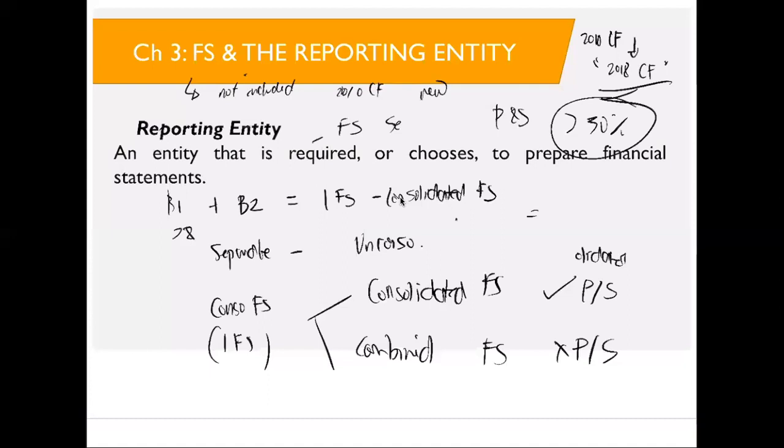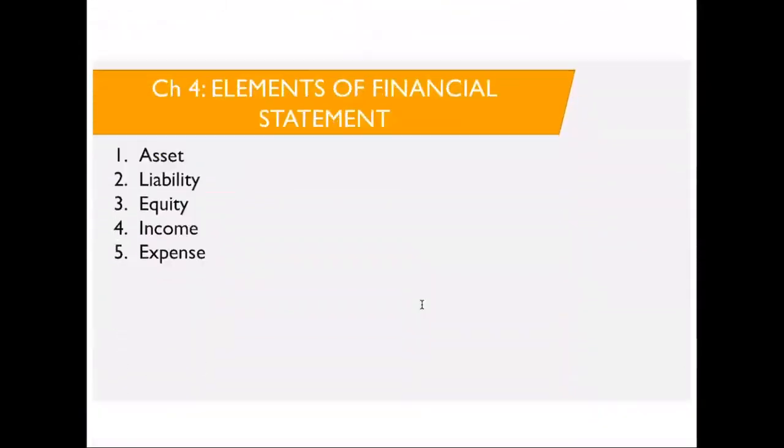We have your separate financial statements, known as your unconsolidated, your consolidated FS, and your combined financial statements. So based on your reporting entity, take note, we will have different types of financial statements, whether unconsolidated, consolidated, or combined.